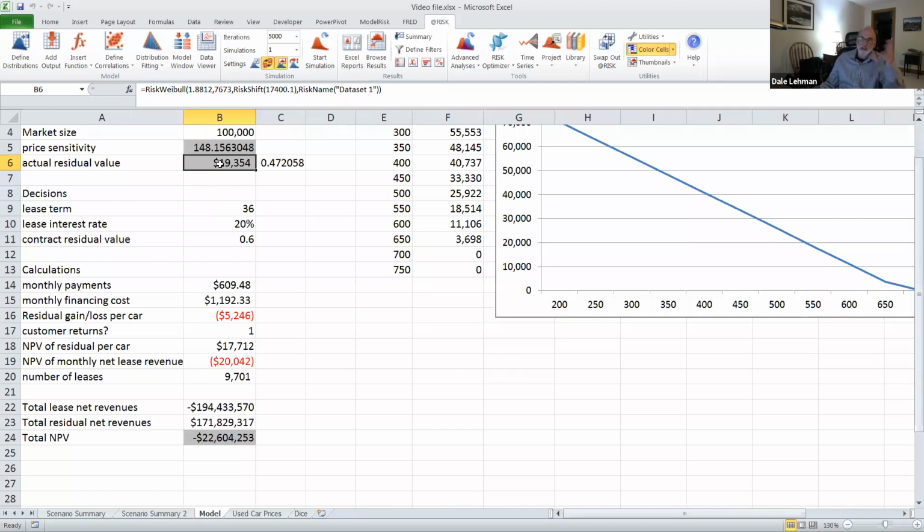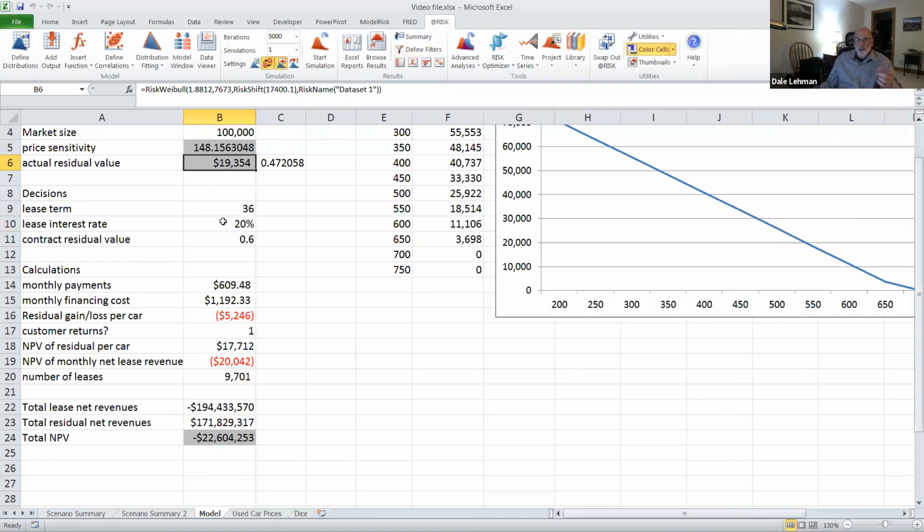There's quite a wide variety of distributions that @RISK has to try to fit, and it looked like a reasonable description of that data. So using that fitted distribution, we can simulate the things that can happen, and we actually have as an output a probabilistic description of how much money we'd make.